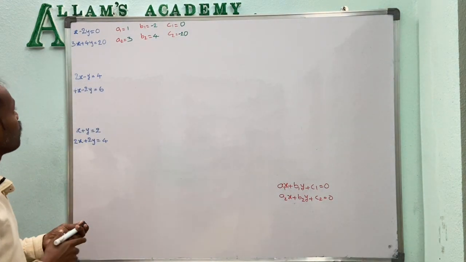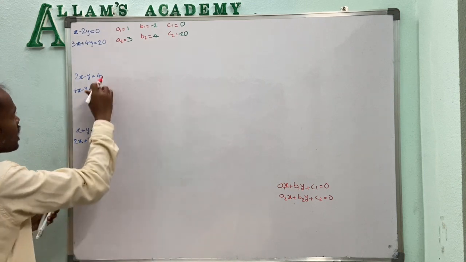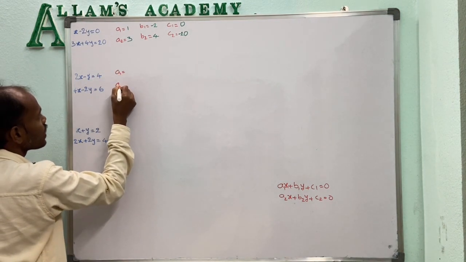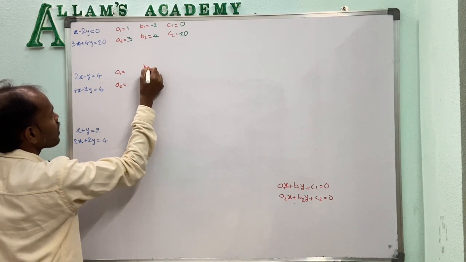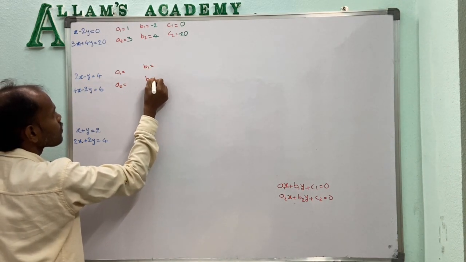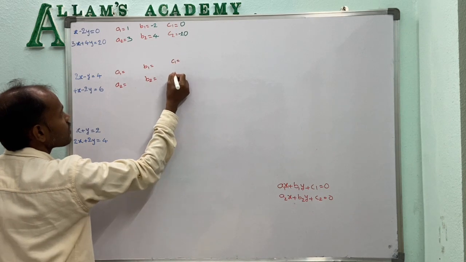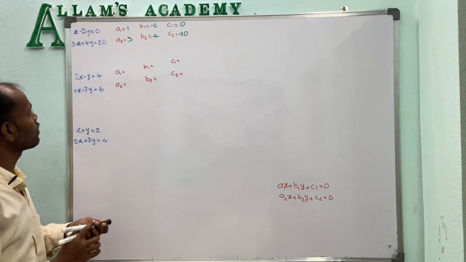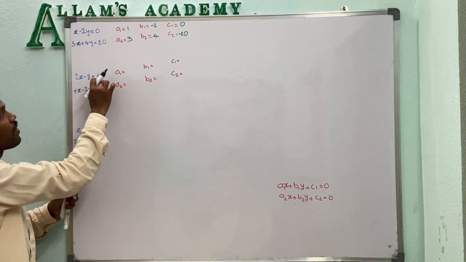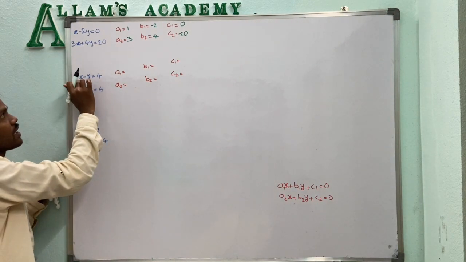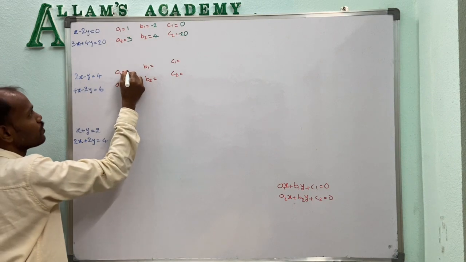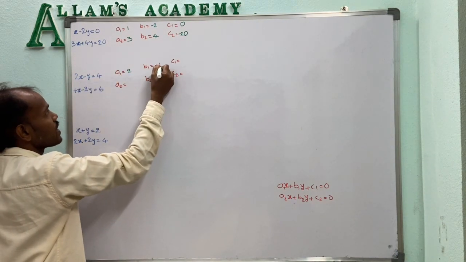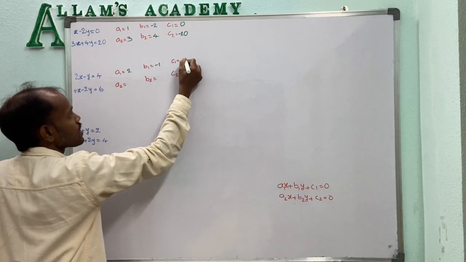Okay. Now for the second pair of linear equations, we are observing the coefficients a1, a2, b1, b2, c1, c2. For the first equation, the x coefficient is 2, the y coefficient is minus 1, and the constant term is minus 4.